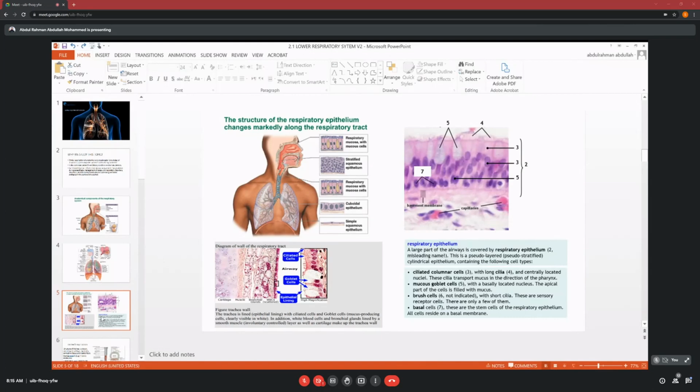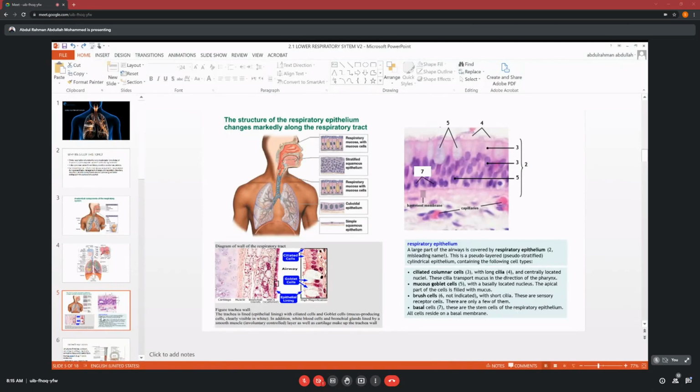But when we talk about the nose, what is the particular addition for the nose in the epithelial lining? Ciliated? Ciliated we have in the conducting zone, other than ciliated. Abdul mentioned it. Keratinized, very good. Why?